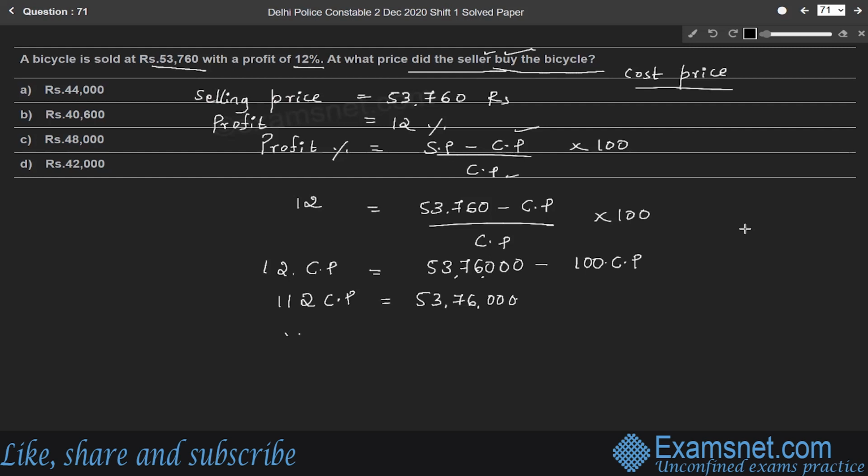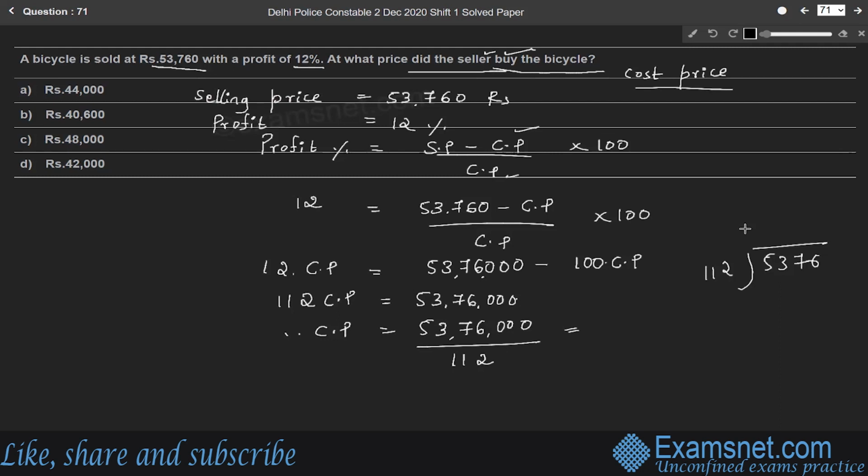Therefore, cost price is equal to 53,76,000 divided by 112. Right? Here 5,376 divided by 112.